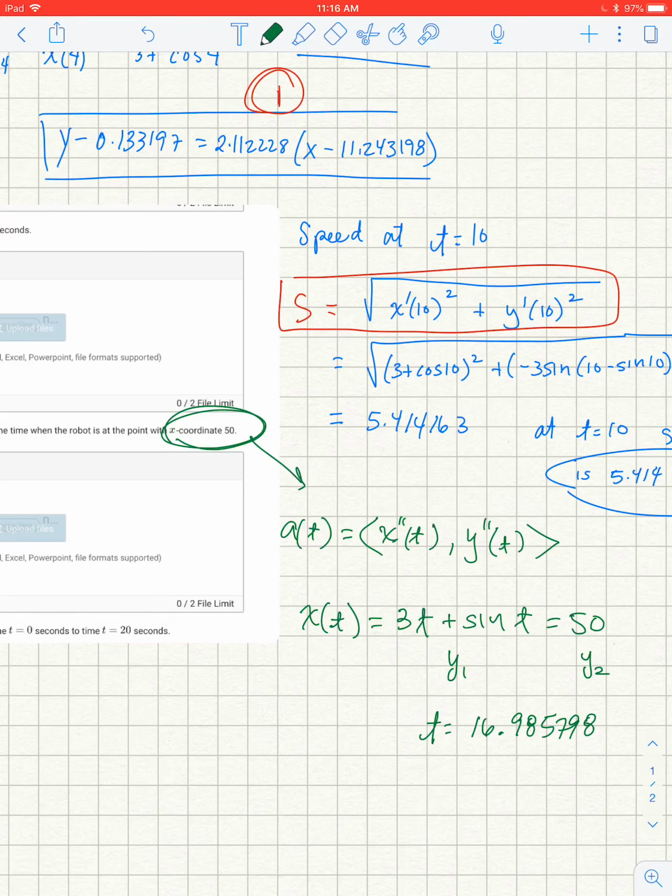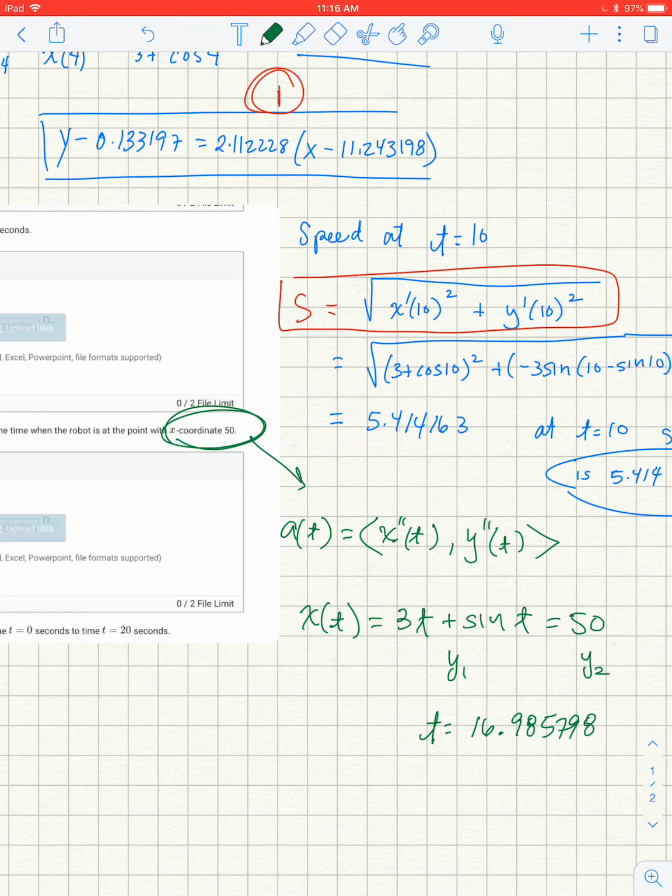Once you find that time, then you could use the calculator with the second derivative. So you're doing x double prime of this number, 16.985798, and that'll give you approximately 0.957.